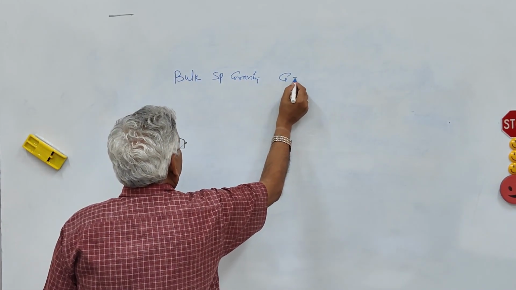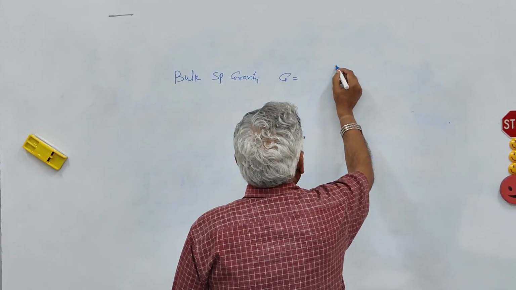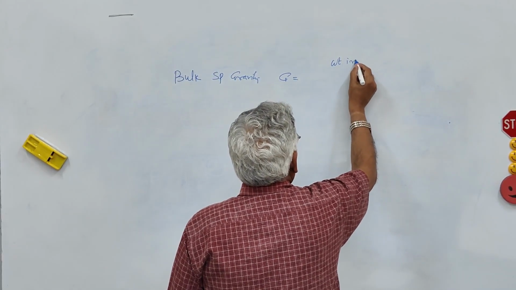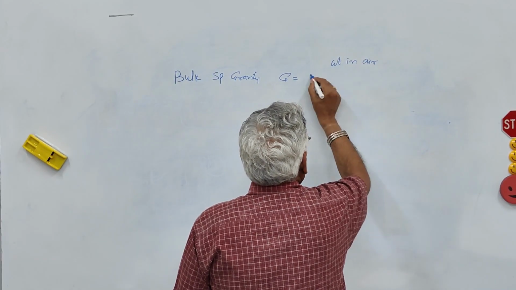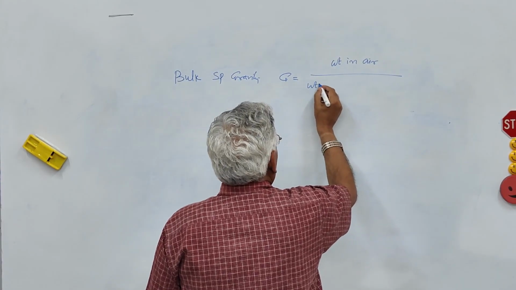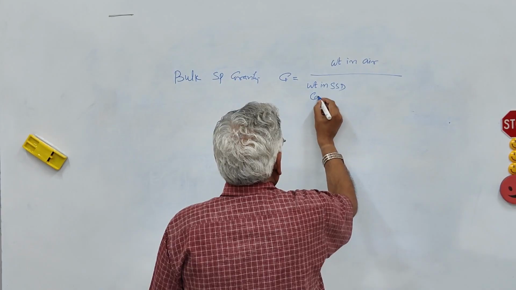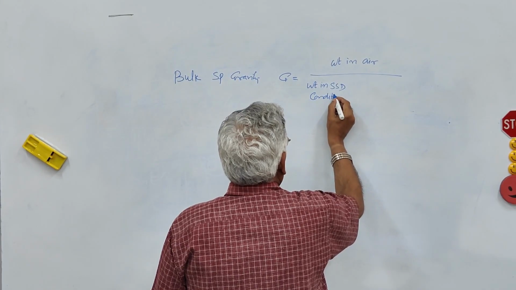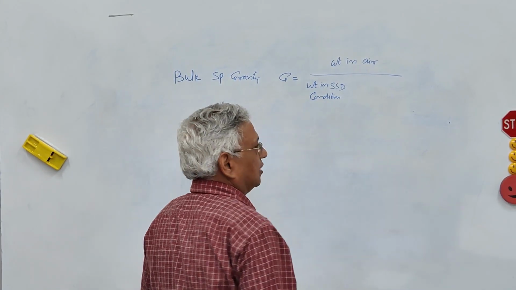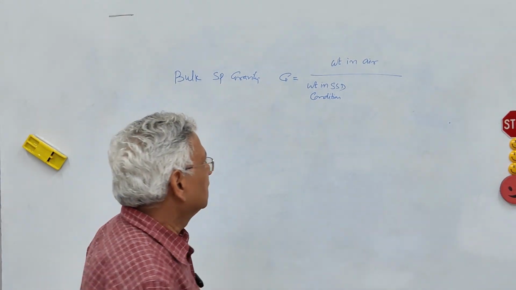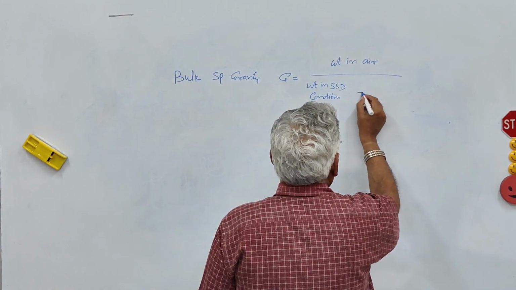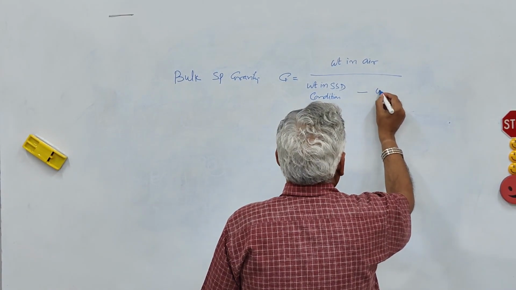Now bulk density of the specimen, let us say G, is the weight of the specimen in air divided by the weight in SSD condition in air, SSD being surface dry but saturated condition of the specimen, minus the weight in water.